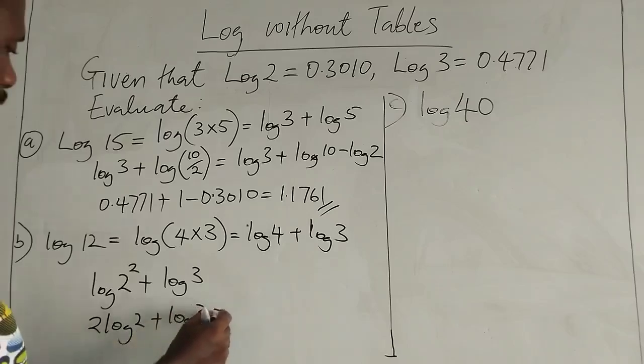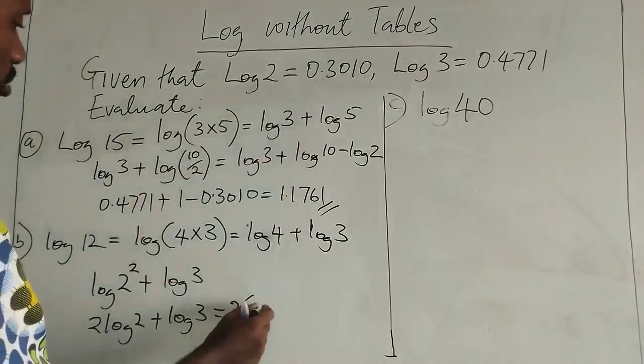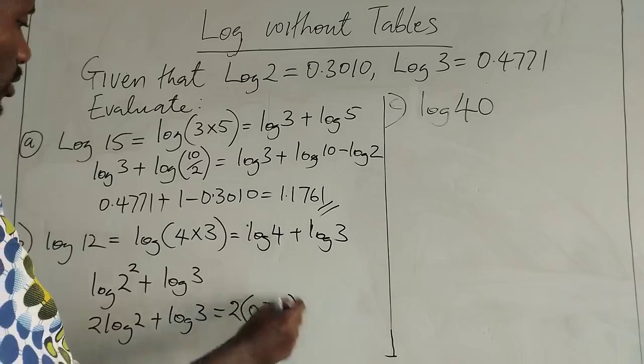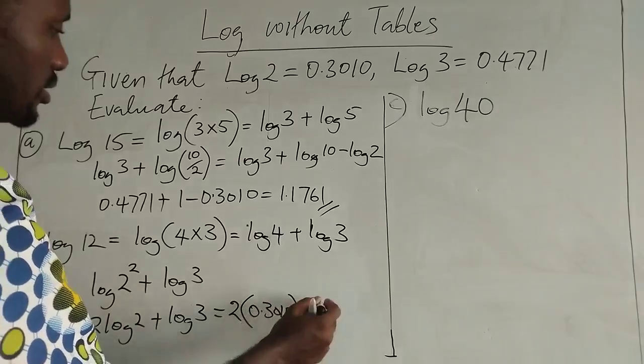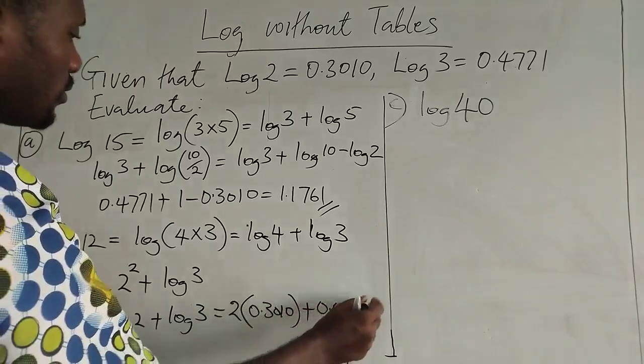And that will give us 2 into log 2, which is 0.3010, plus log 3, which is 0.4771.